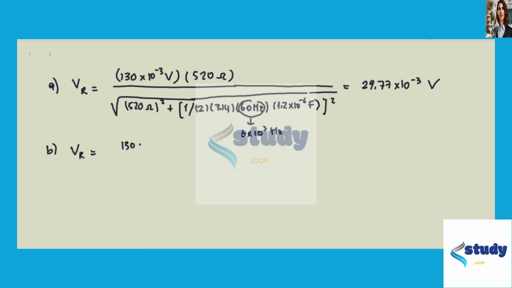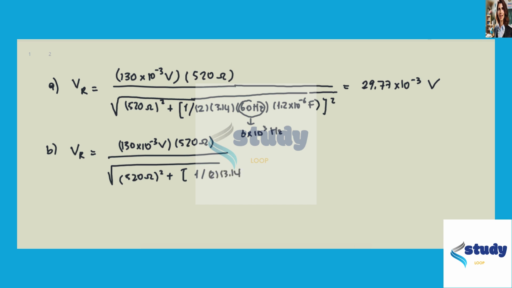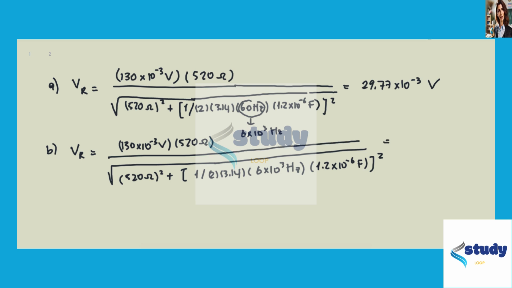So 130 times 10 to the power of -3 volts times 520 ohms divided by the square root of 520 squared plus (1 over 2 times 3.14 times the frequency, 6 kilohertz, which is 6 times 10 to the power of 3 hertz, times the capacitance) squared. When we take the square and the square root, we find the potential drop across the resistor as 129.88 times 10 to the power of -3 volts.